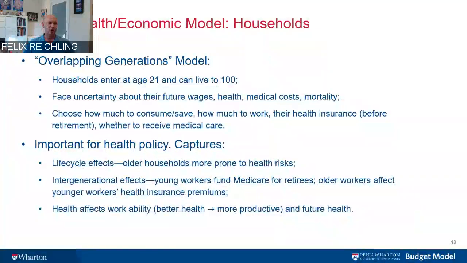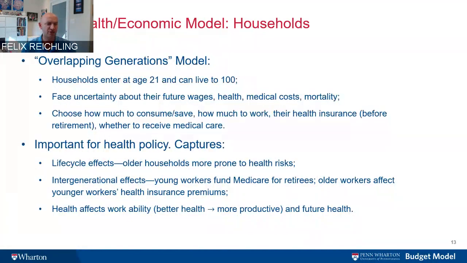So our model is an overlapping generations model, which basically means that we model households over the entire life cycle. People enter the economy at age 21 and can live up to age 100. They retire at age 65 with certainty in our model, to make it a little more tractable.